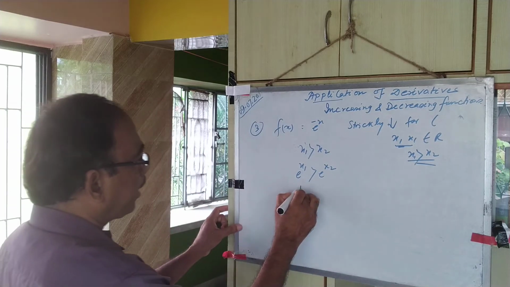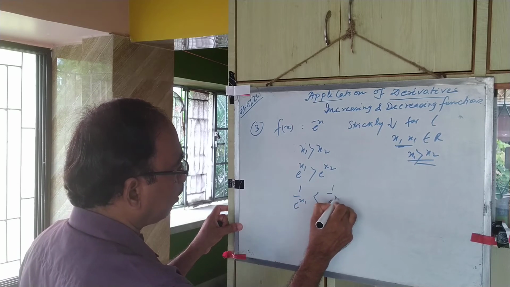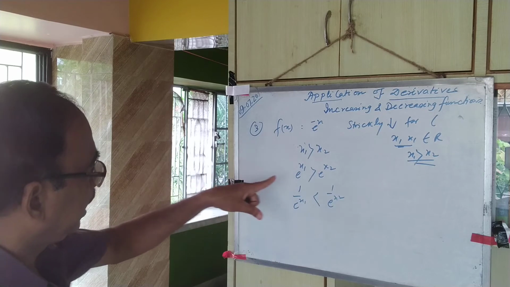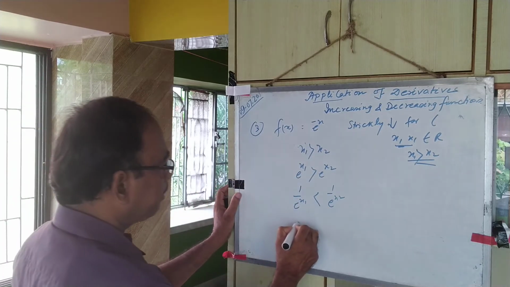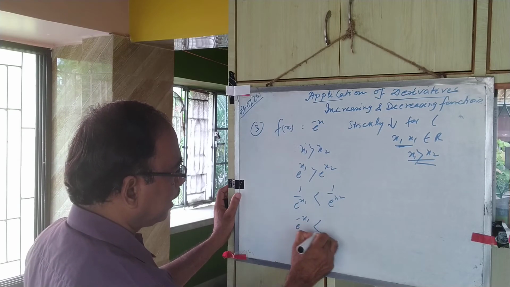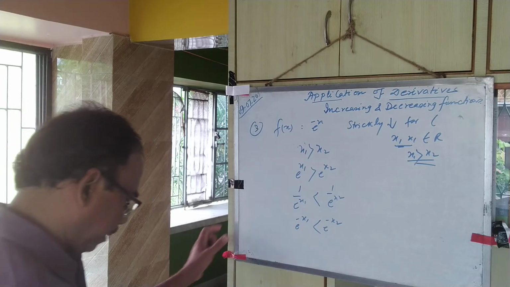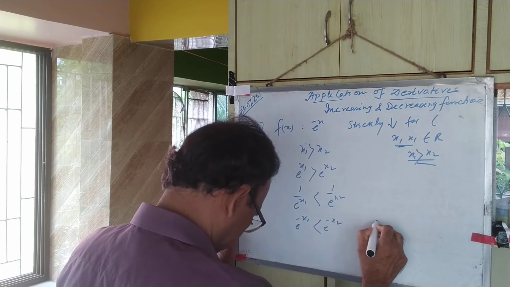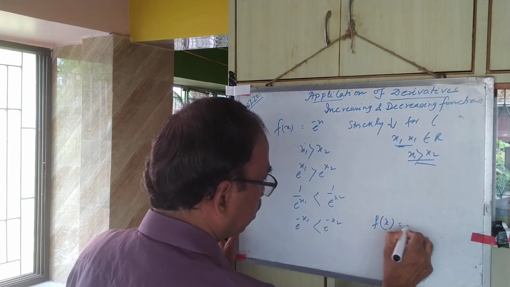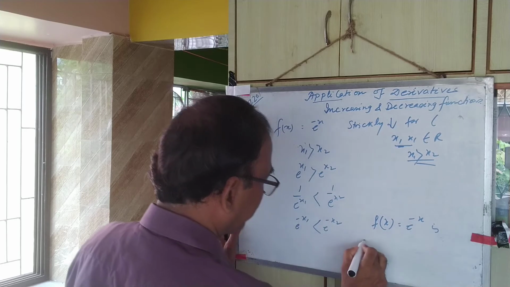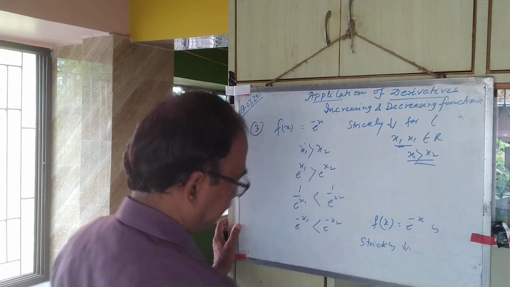Then 1 by e to the power x1 is less than 1 by e to the power x2, since the reciprocal should be less. That means e to the power minus x1 is less than e to the power minus x2. Therefore, f(x) equals e to the power minus x is strictly decreasing.